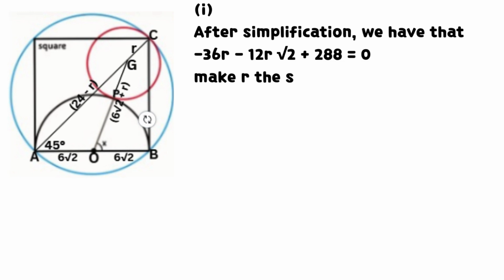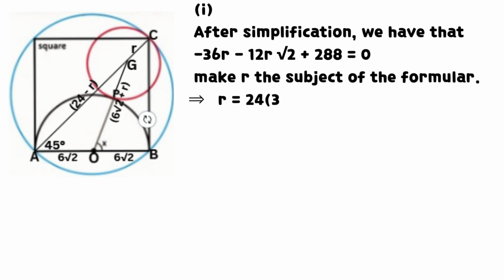After simplification, we have that negative 36 times small r minus 12 times small r times the square root of 2 plus 288 equals 0. Make small r the subject of the formula, so that small r equals the product of 24 and 3 minus the square root of 2, all divided by 7, in centimeters.